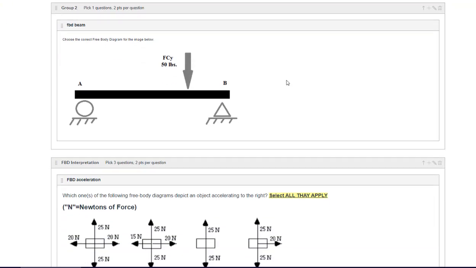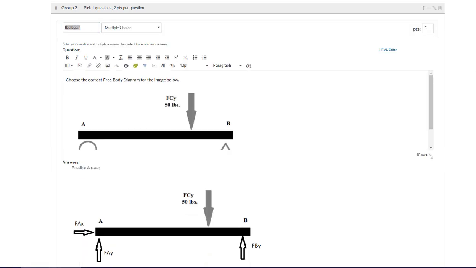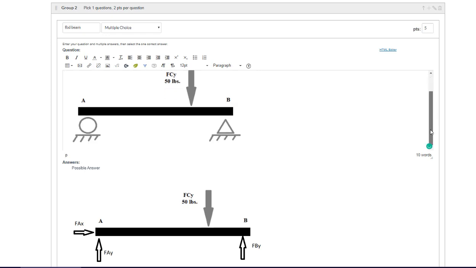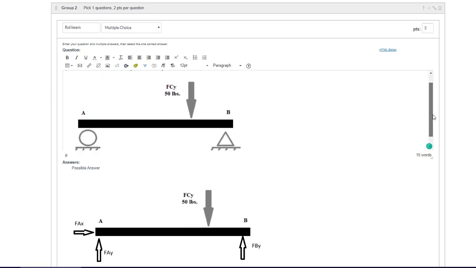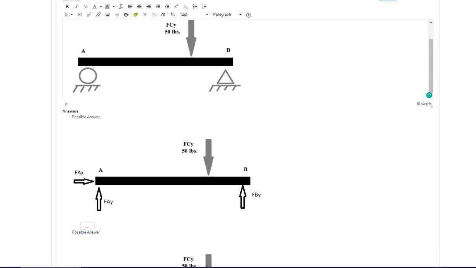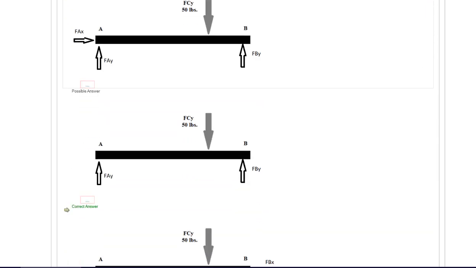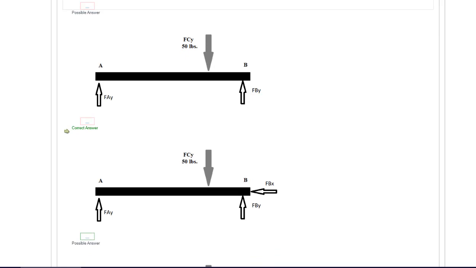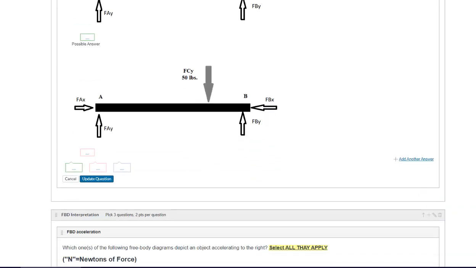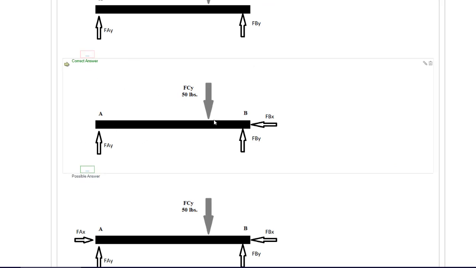Okay, group 2. This says choose the correct free body diagram for the image below, and you were given several to choose from. You were given the main picture, and then a couple of options, and this one is the correct one.